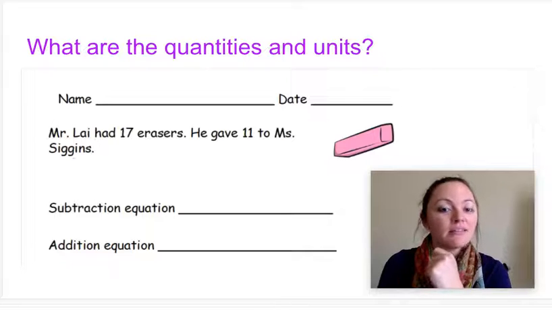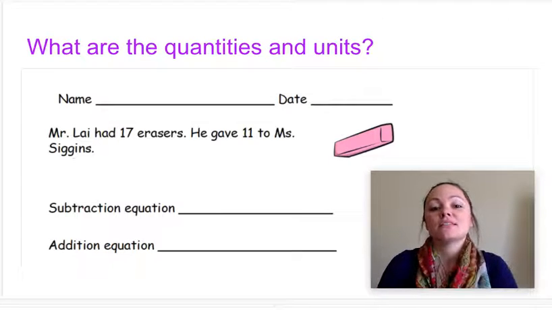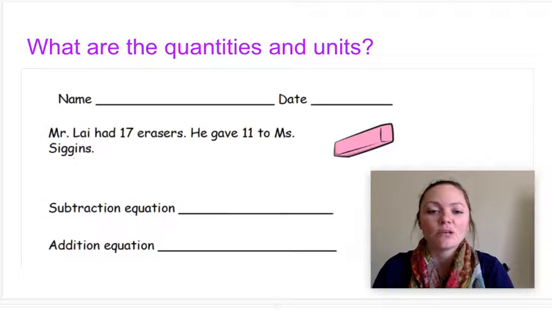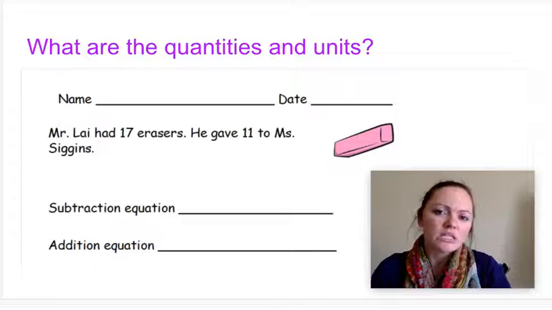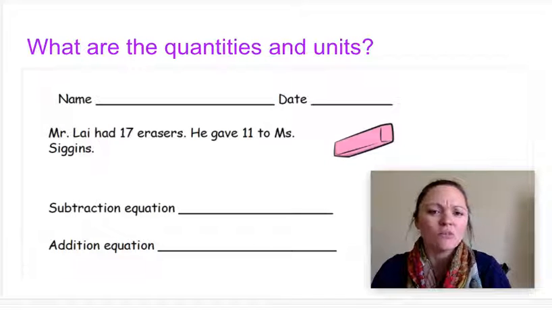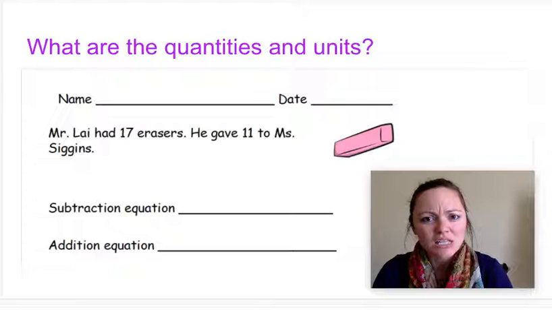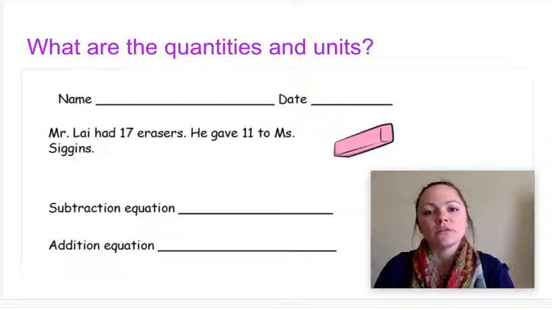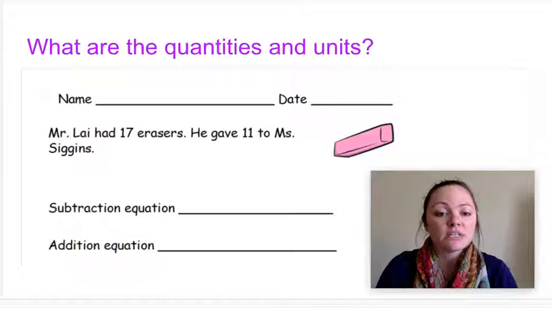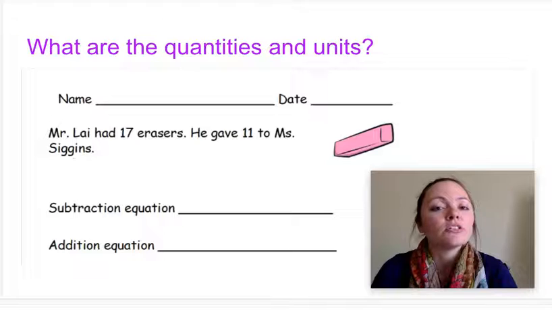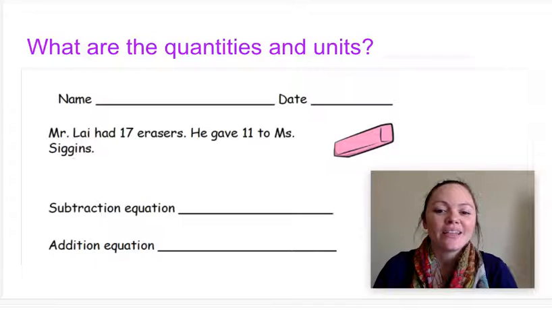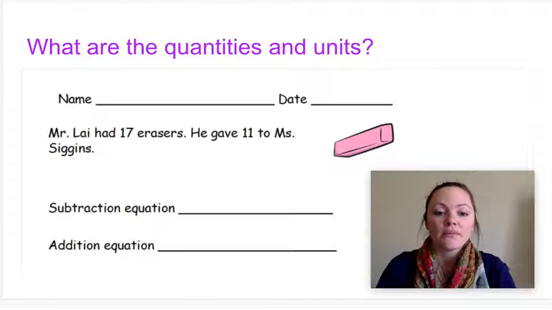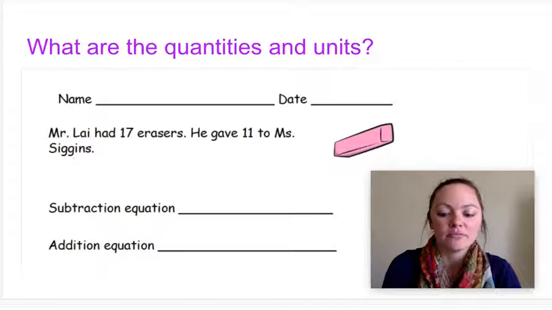And yes, 17 and 11. You're right. Those are the quantities. But what are the units? What is it that we're talking about? 17 what? Penguins? Yeah, I don't think it's penguins either. Oh, you're saying erasers. Oh, yes, yeah. That would make sense. The units are erasers. Okay, let's go on to the next part.